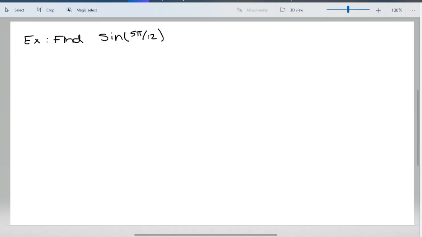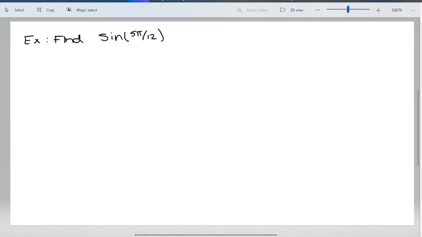We know that 5 pi over 12 is not one of the quadrantal angles, and it's also not a special angle, so it's not something with a reference angle of 30, 60, 90, or 45 degrees. Those look like pi over 3, pi over 6, pi over 4, pi over 2, and then whole multiples of pi, like 2 pi, 5 pi, etc.